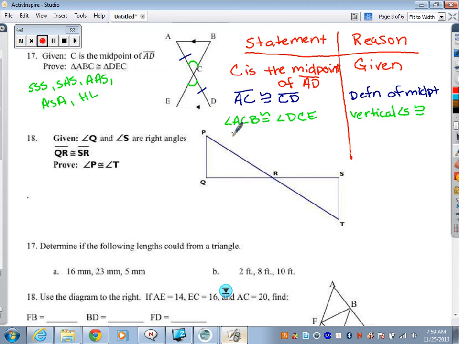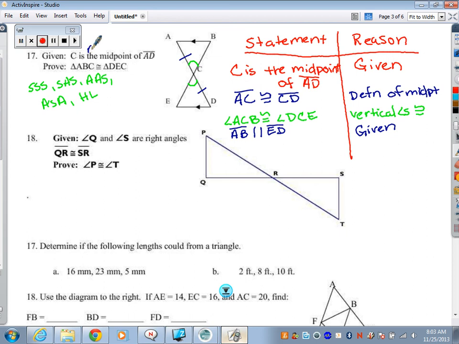So AB is parallel to ED. Alright, so this is going to be given. Although it's not in your given statement because it is given in the picture, we are going to put that in our proof.